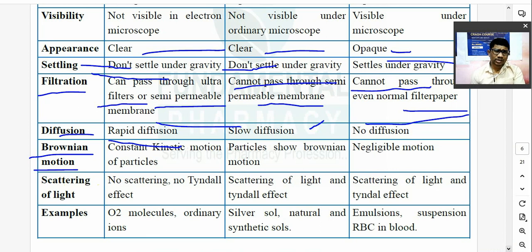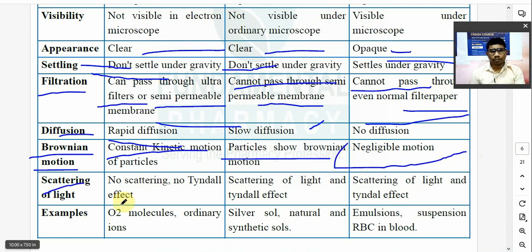In case of colloidal and in case of molecular dispersion, constant kinetic motion of particles is there. Okay, in case of colloidal dispersion, particles show Brownian motion, but in case of suspension, there is a negligible Brownian motion. Scattering of light.